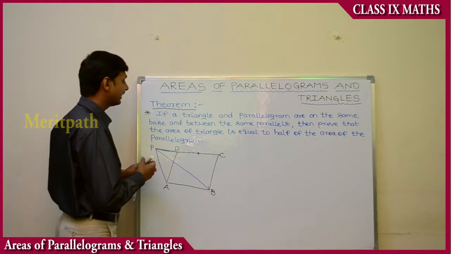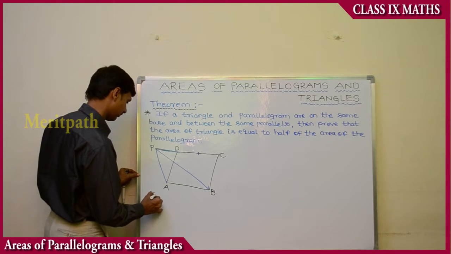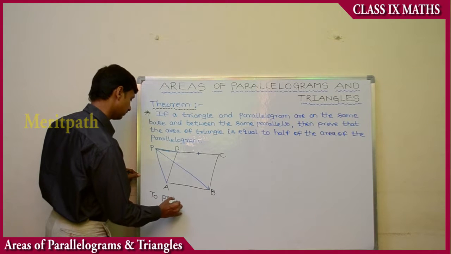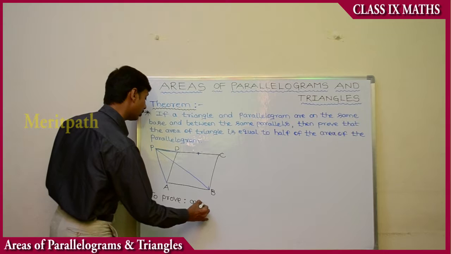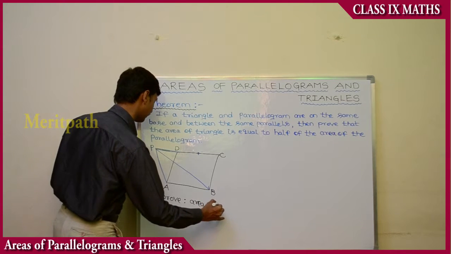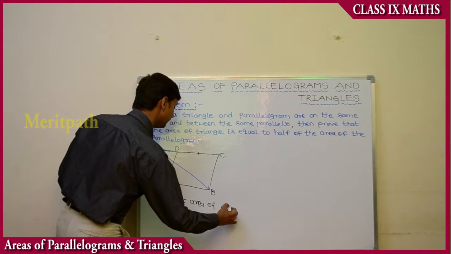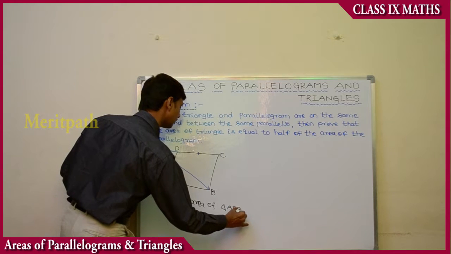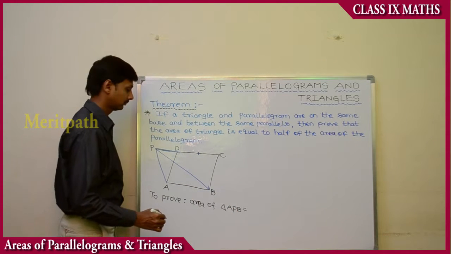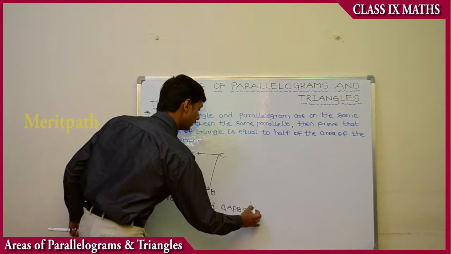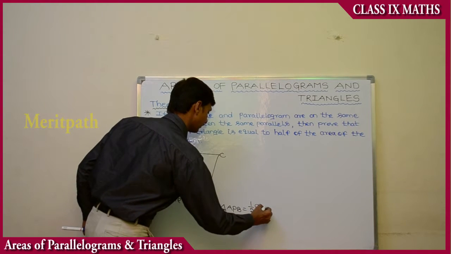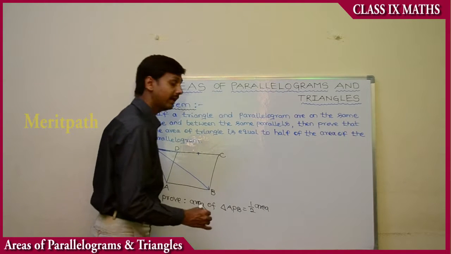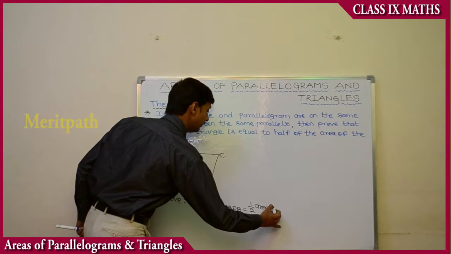Let's write what we need to prove. To prove: area of triangle APB is equal to half of the area of parallelogram ABCD.